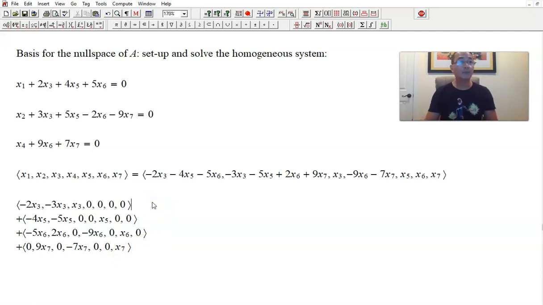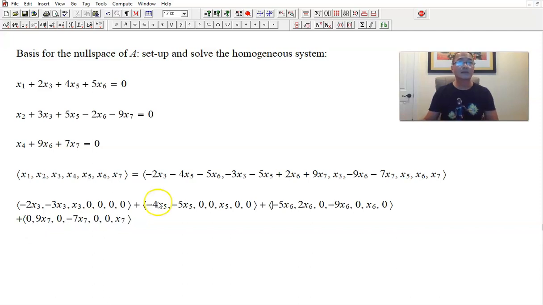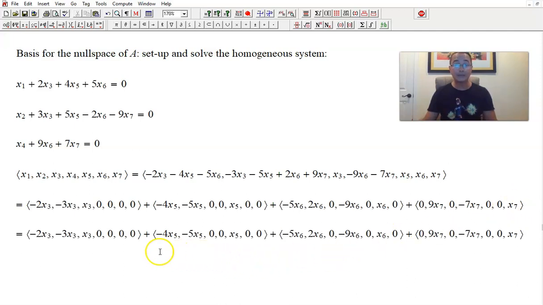Okay, so let me put this all in one line now that we have every vector containing only one free variable. And will it fit? Let's try. Yeah, it fits. There you go. So that is the same vector decomposed into 4 vectors. So finally, we will factor out the free variable from each of these 4 vectors.